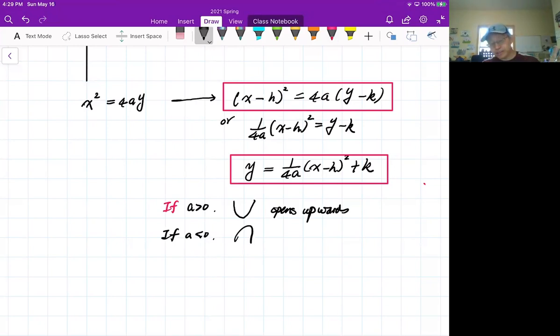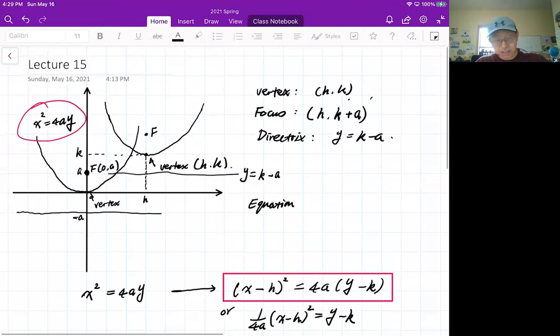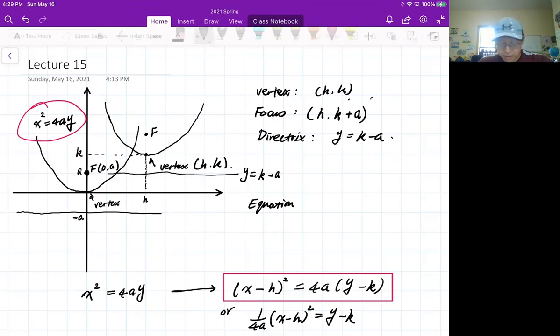Okay, and how do you get the a here? Let's take a look. A is basically the difference between the y value of the focus and the vertex. So I can use the y value of the focus minus the y value of the vertex, not the other way, because the plus or minus sign does matter in this case.